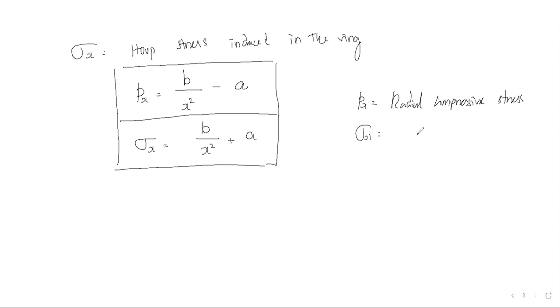Okay, hoop stress or circumferential stress. This is tensile stress. Okay, and sigma 2 is available. So this is nothing but our longitudinal stress.